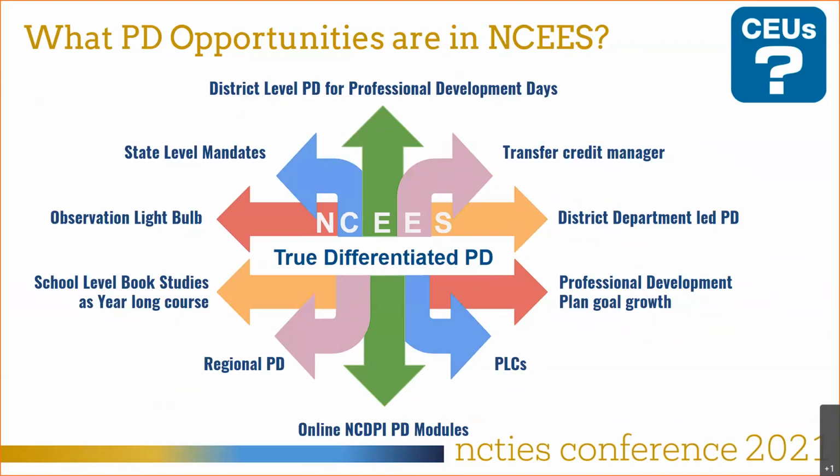So if you take outside of your district PD, then you can turn in that certificate through NCEES, and we're going to look at that and see how you do that, and get the credit showing on your staff transcript in NCEES. So there's different ways to do that, and there are some rules around that, so we'll look at that. But NCEES does offer an awesome way to have true differentiated PD in one place, and then a staff transcript in one place where you can go see what credits you've earned.